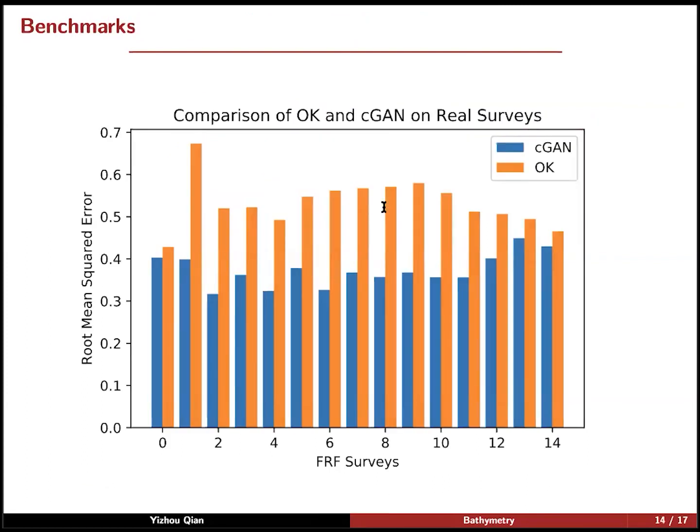This is also a comparison on the 15 surveys not included in the training data. As we can see here, we are making predictions from our conditional generative adversarial neural network by taking the average over samples from our generator. So let me go back.